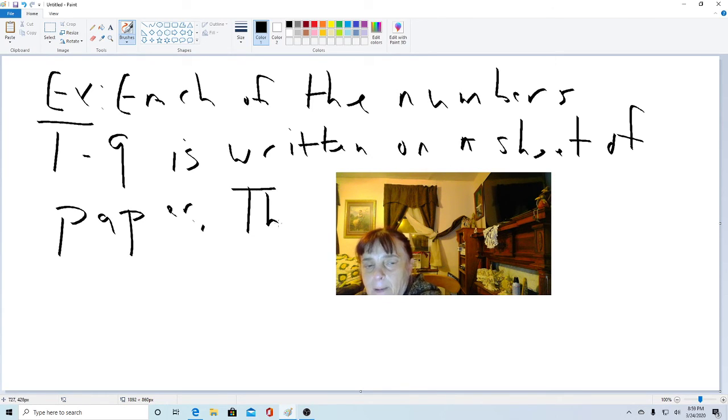Okay, the 9 pieces of paper are placed in a hat. They're written on separate sheets of paper.